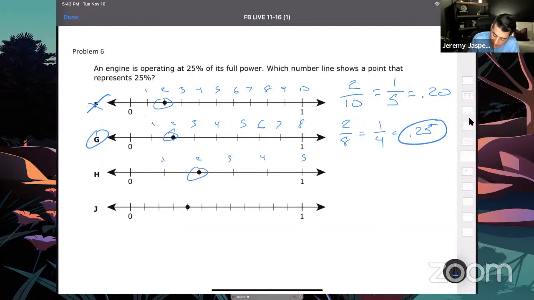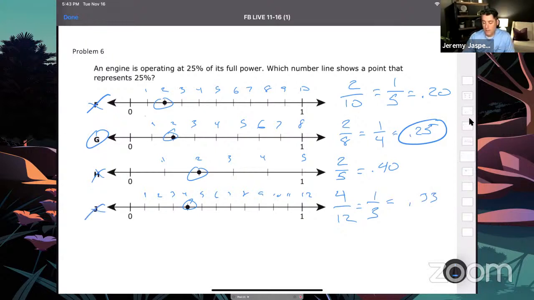Again, this is on the second one. 2 out of 5 is equivalent to 0.40. Again, not what we're looking for. And then the last one, I've got 1, 2, 3, 4, 5, 6, 7, 8, 9, 10, 11, 12. This is on the fourth one. It's 4 out of 12, which is close, but that's going to break down into 1/3, which is 0.33. Again, not going to work.